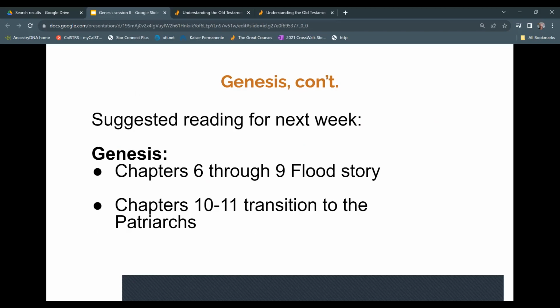And then in chapters 10 and 11, if we get that far, it is the transition chapters between the mythology of Genesis, early chapters, into what's more likely to be able to be documented or proven that there was actually some of the lives of the patriarchs. In chapters 10 and 11, we make a transition to meeting Abraham and so on.